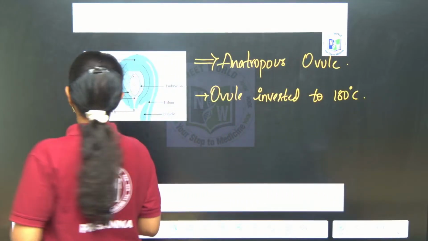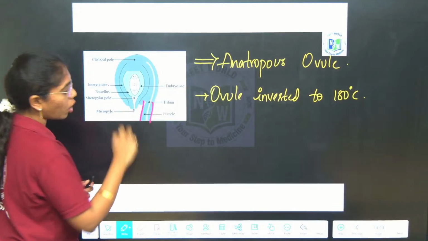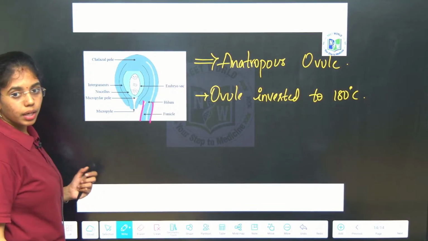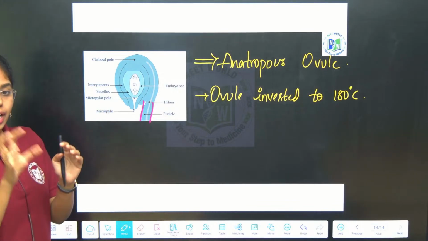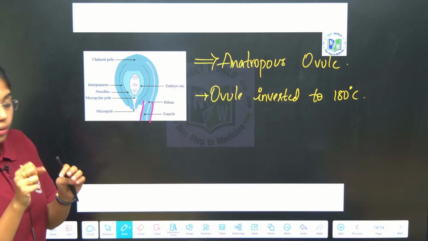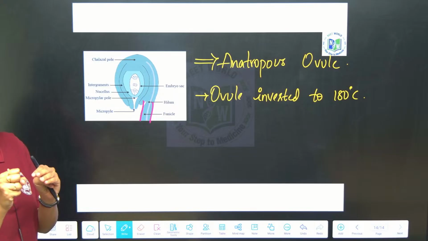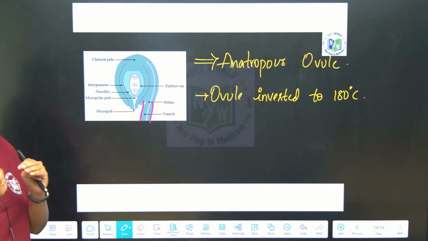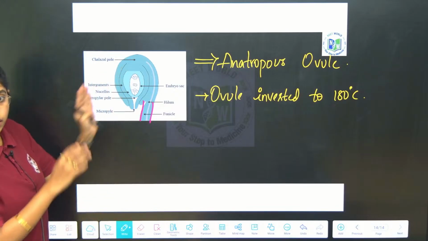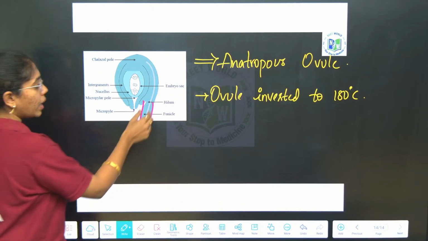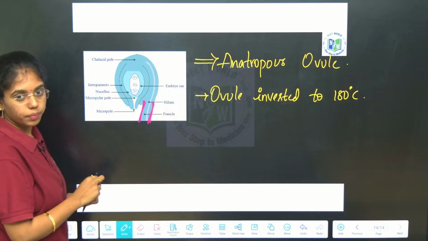Here, this is called the stalk of the ovule. How is the ovule attached to the ovary? Like the fetus is attached to the womb through the umbilical cord in the human body, the ovule in plants is attached to the ovary by a stalk called funicle.